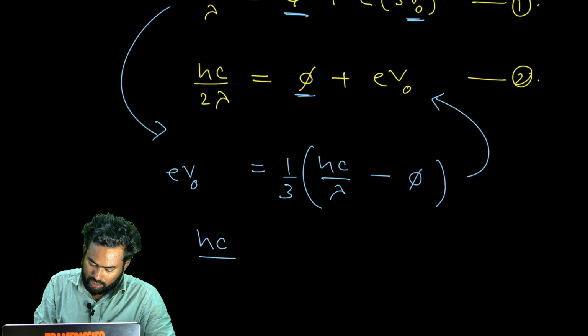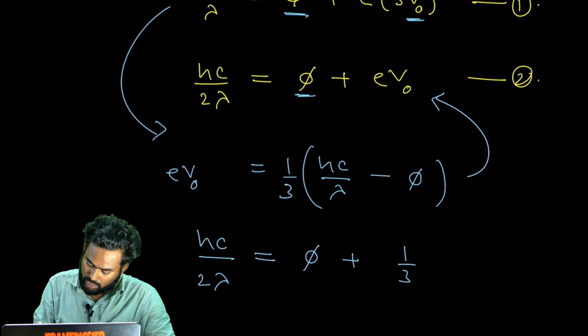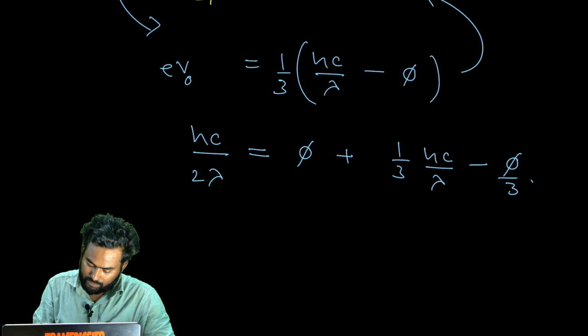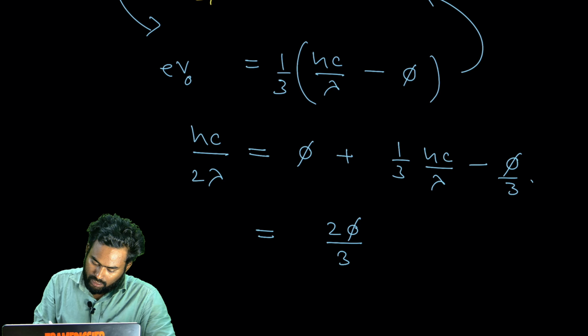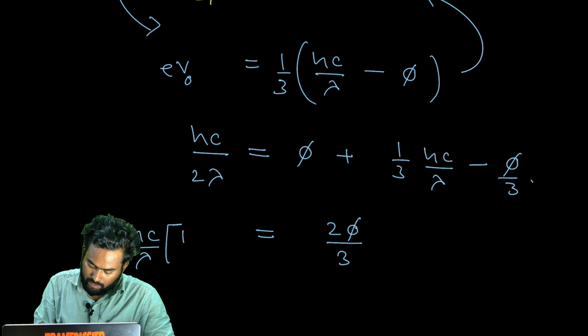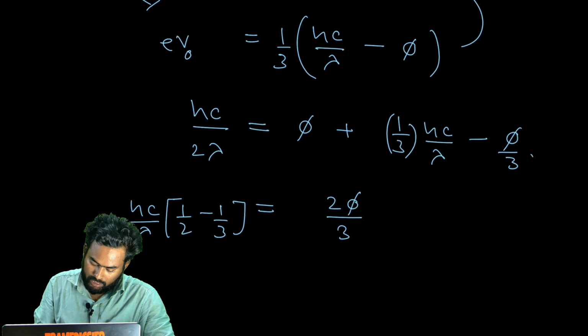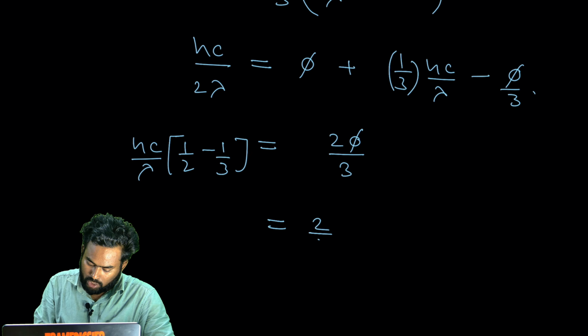So, we will get hc by 2 lambda equals phi plus 1/3 (hc by lambda minus phi). Now phi minus phi by 3 you will get 2 phi by 3, and hc by lambda common, from here 1 by 2, this 1 by 3 will come this side, so minus 1 by 3. So you will get 2 phi by 3.